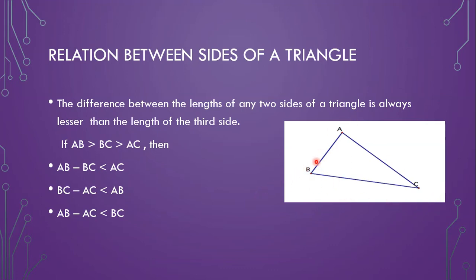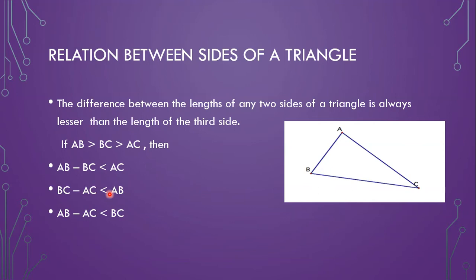Considering this triangle ABC, take any two of the sides and the difference of that. So AB minus BC, here I am showing you, the difference of these two sides will be lesser than the length of the third side.